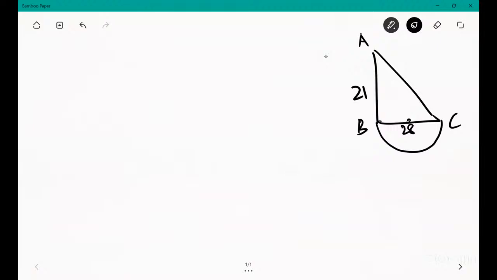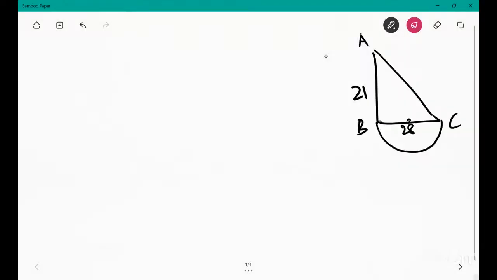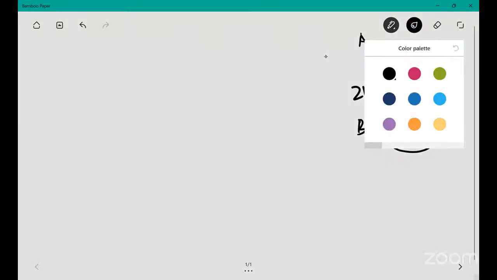So here we are going to use the Pythagoras theorem. So we know it is a right-angled triangle, and we all know the Pythagoras theorem.